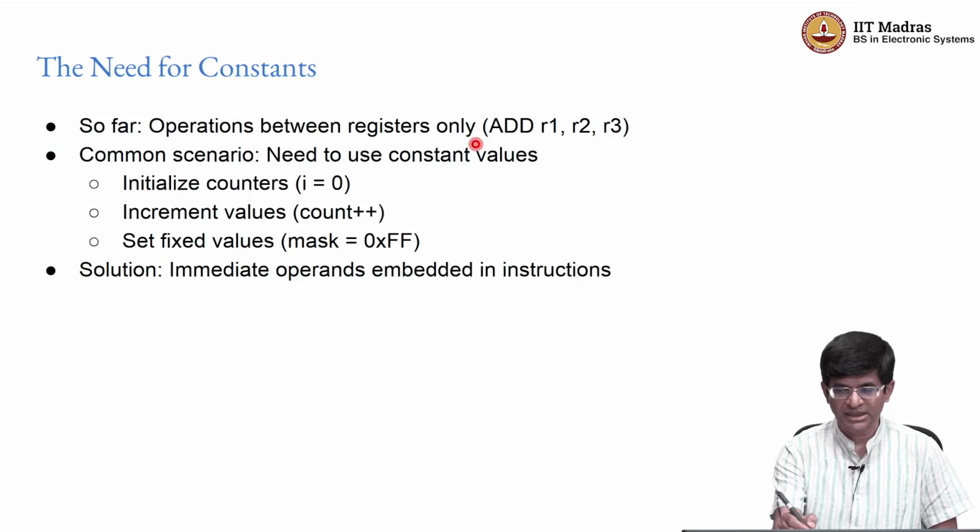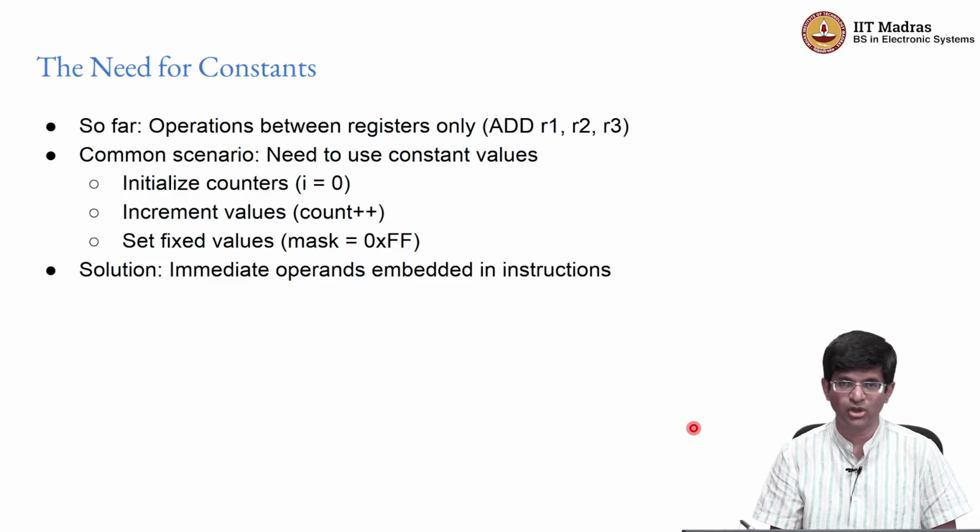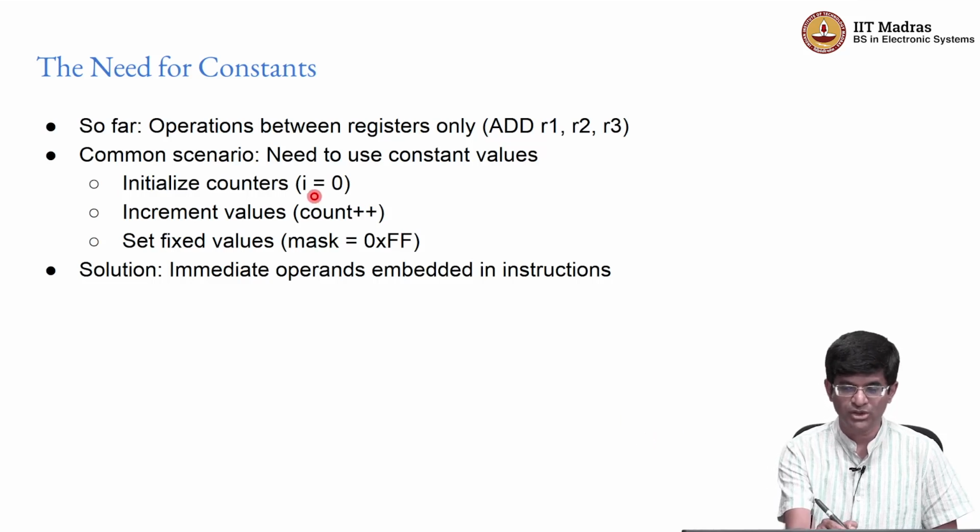So in other words, so far all our operations were of the form add R1, R2, R3, where we had 3 register arguments for the operation. But there are many common scenarios where we need to use constant values. The most common one is probably, in fact the most common number that you can find in most programs is the number 0.